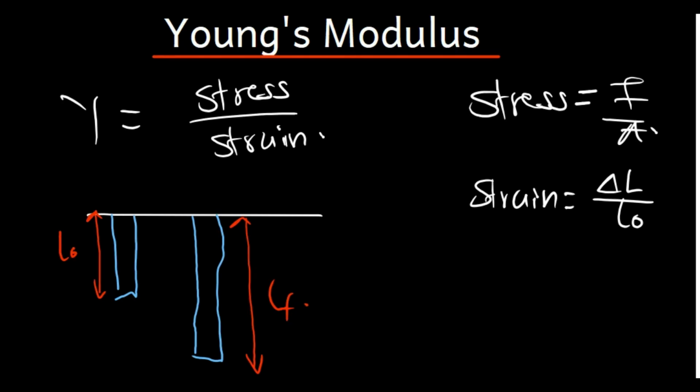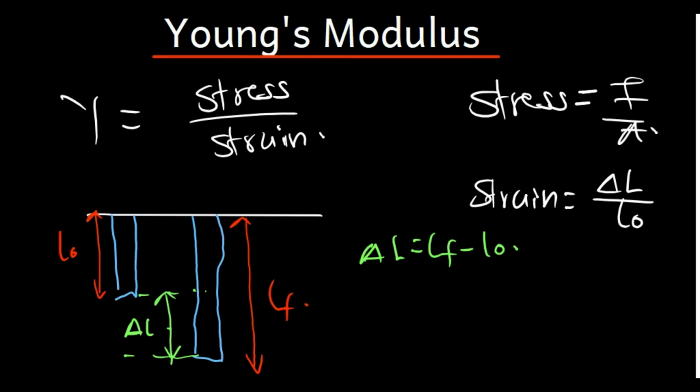The length from this point all the way to this point is our change in L. So strain just gives us the ratio between the change in L divided by the L initial. We can say that change in L is just L final minus L initial. So when we're talking about strain, just think of this example which I've just explained here.